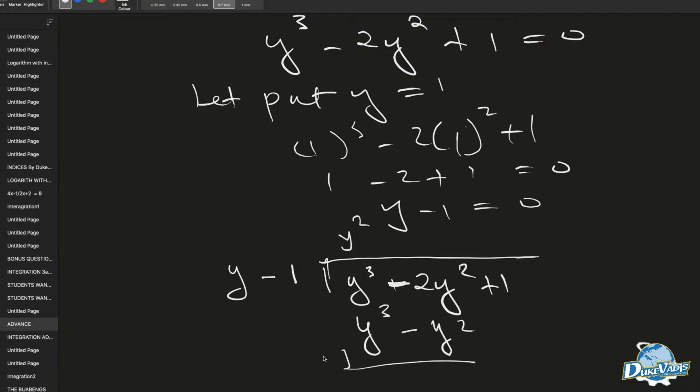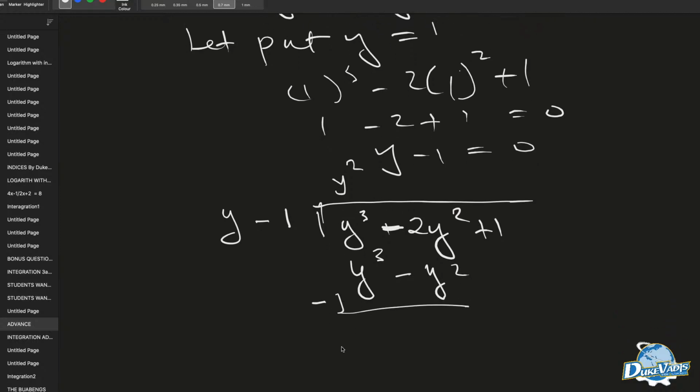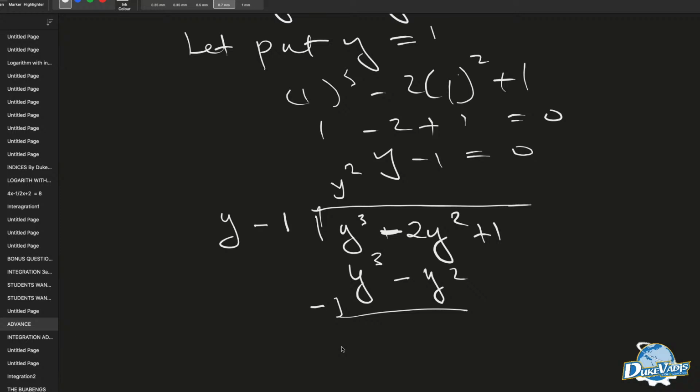Then we subtract. When we subtract, we are going to get minus y squared plus 0y plus 1, because we have 0y here too.